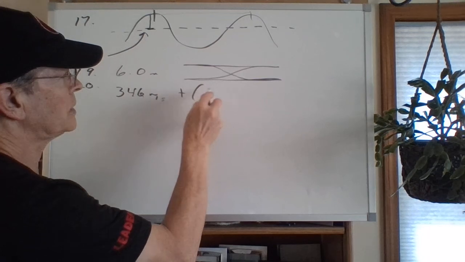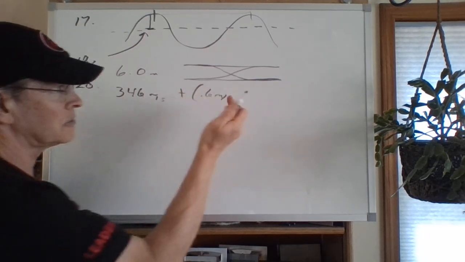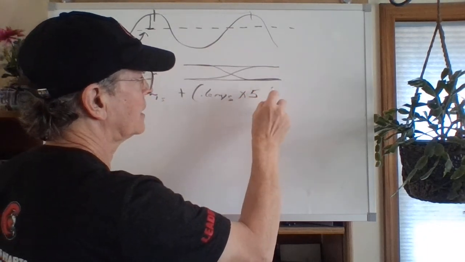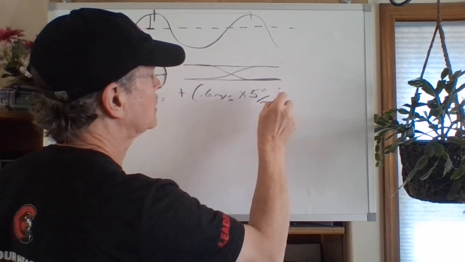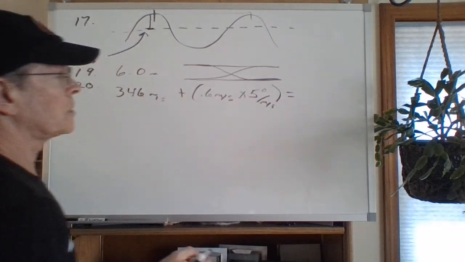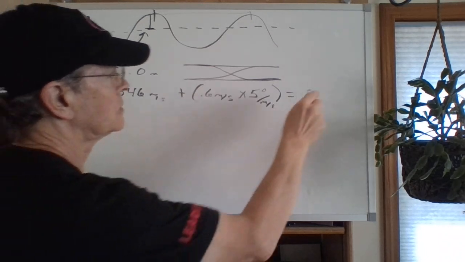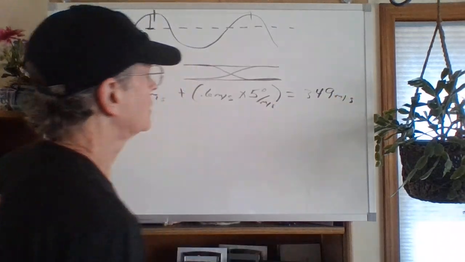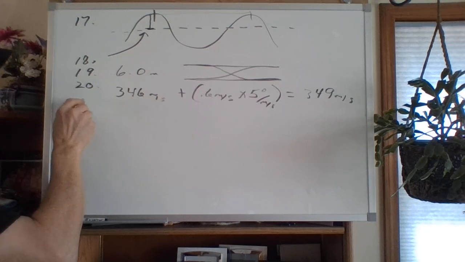We add 0.6 meters per second for every degree above 25, which would be 5 degrees. So we take that times 5, and so we want to add 3, right? So it'd be 349 meters per second. 5 times 0.6.